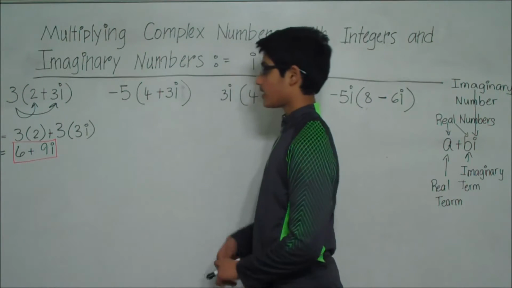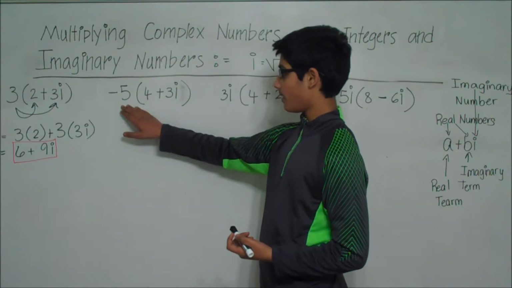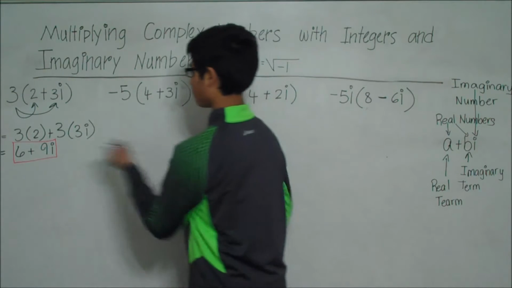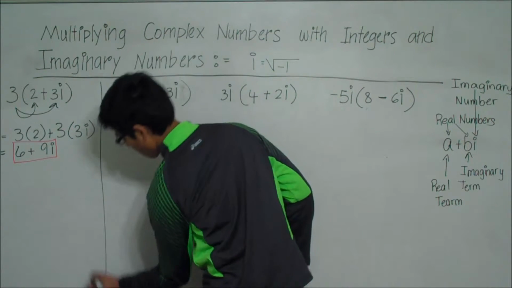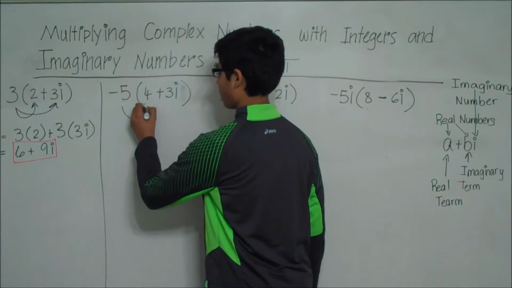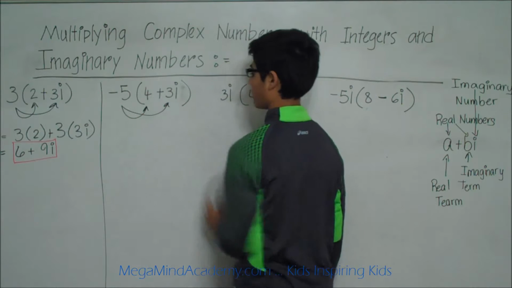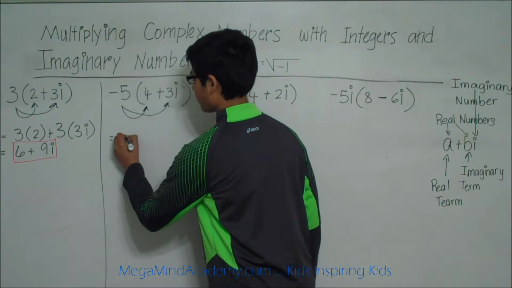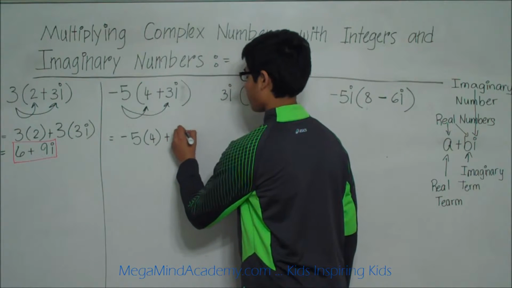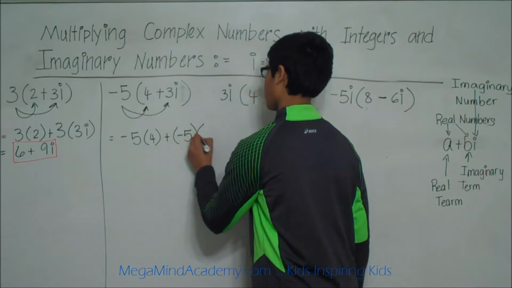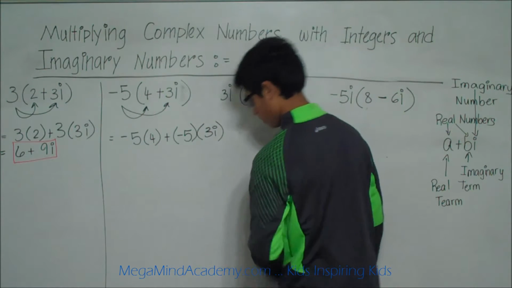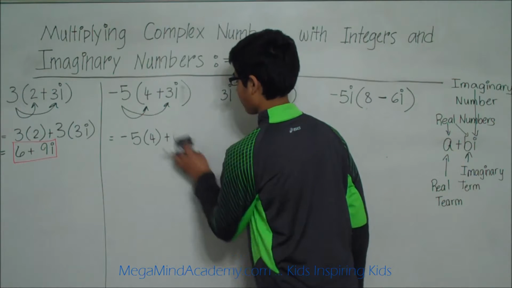Now let's move on to the second question. -5 times, in parentheses, 4 plus 3i. So we have to distribute the -5 with 4 and the -5 with 3i. So it is equal to -5 times 4 plus -5 times 3i.